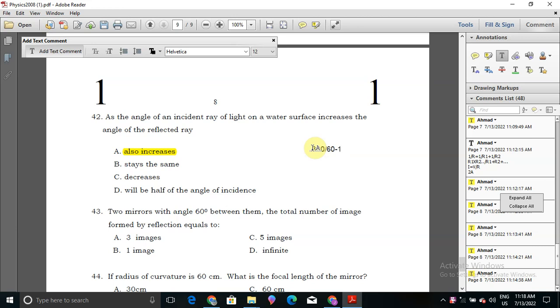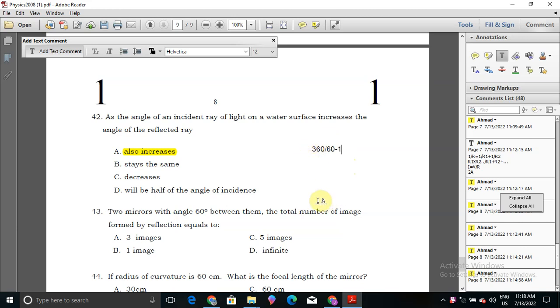Here 360 divided by 60 is 6, because 6 times 6 is equal to 36.